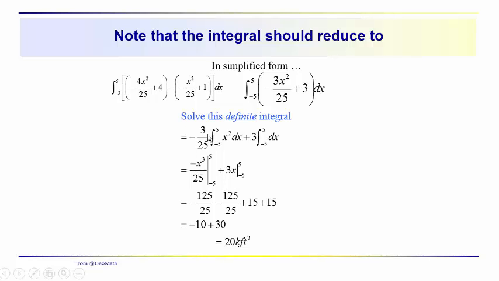The integral of x squared is x cubed over 3, so the 3's cancel out. We still have this minus sign in here. And then the integral of dx is just x, and so we are going to evaluate that from minus 5 to 5.